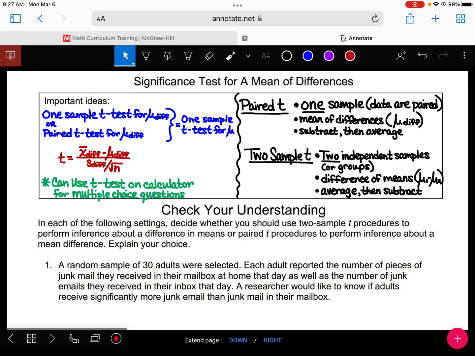One of the other things that you can look for, mean of differences. If mean comes first, that's a mu diff. Procedurally, that means you would subtract these paired data and then find your X bar.